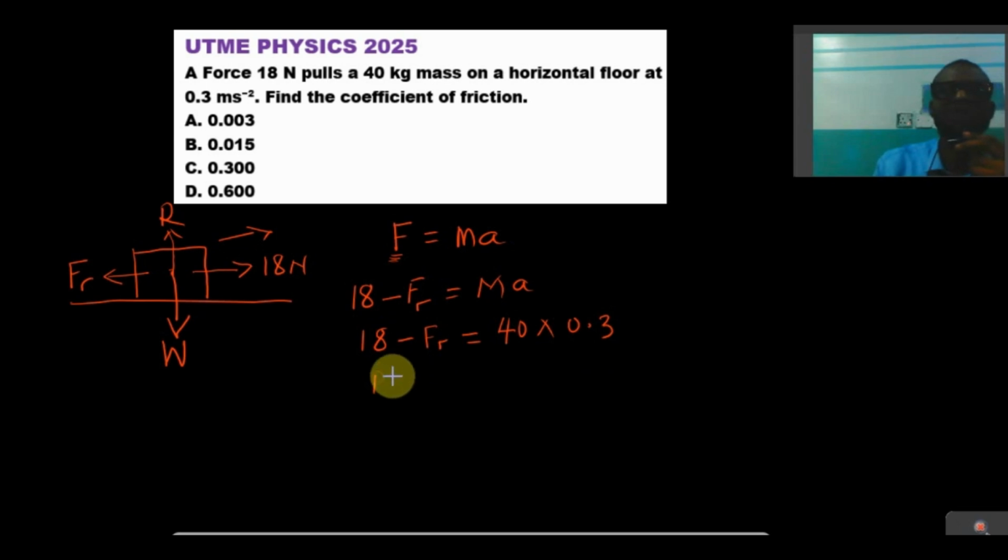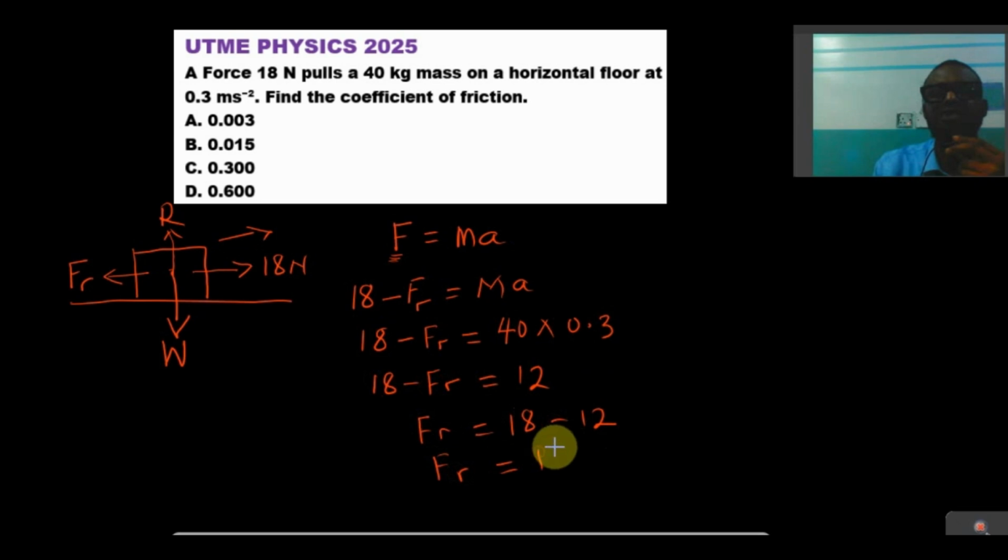So I have 18 minus Fr equals 12. Now my Fr, the frictional force, is equal to 18 minus 12. So my frictional force is equal to 6 Newton.